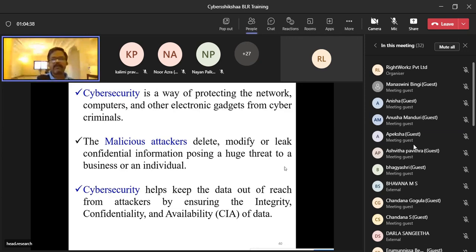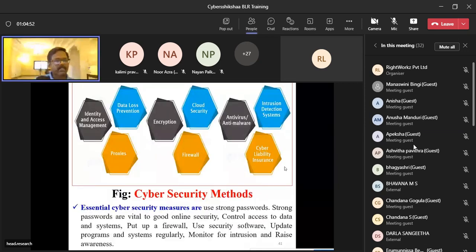Cyber security helps keep data out of reach from attackers by ensuring integrity, confidentiality and availability. That is called the CIA triad of data. So cyber security methods are identity and access management, proxies, data loss prevention, encryption. Encryption is a mechanism or process of converting one file format to another.